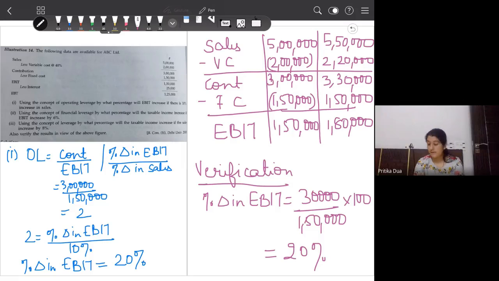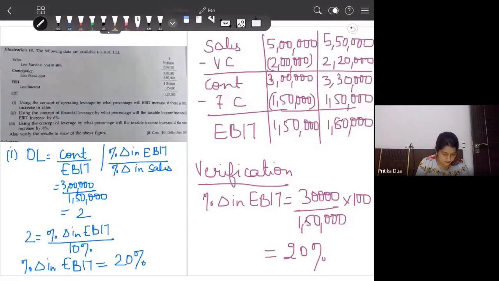How much is the financial leverage coming to? 1.2, and the answer for second part, what is the percentage change in the taxable income because of increase in EBIT?